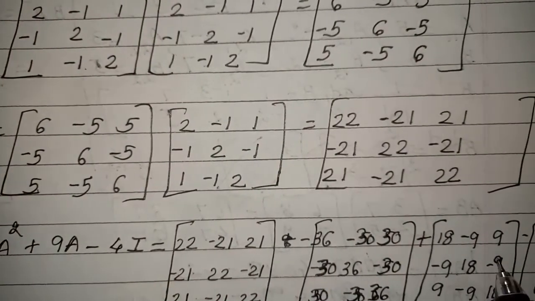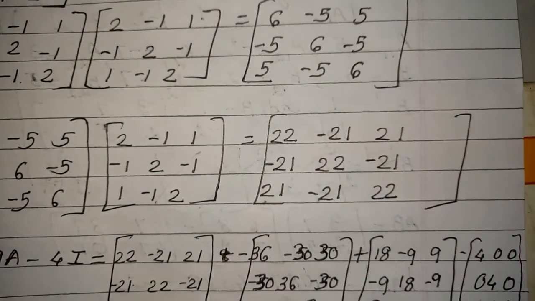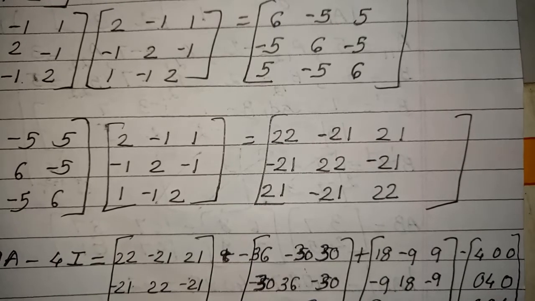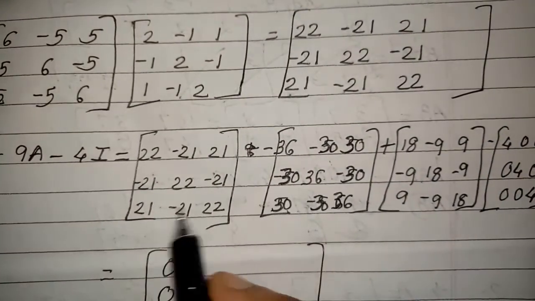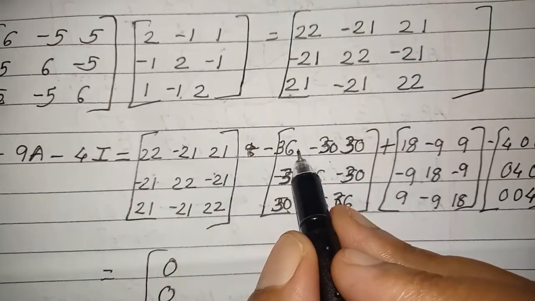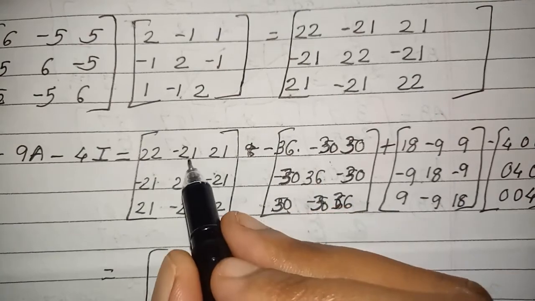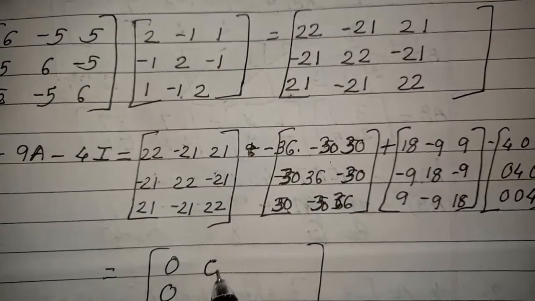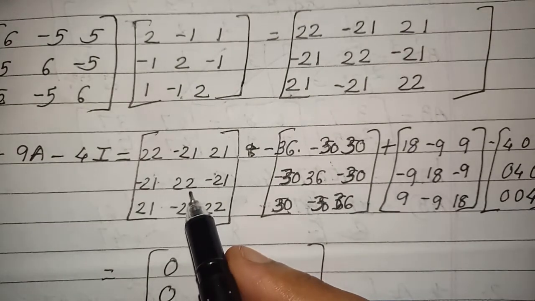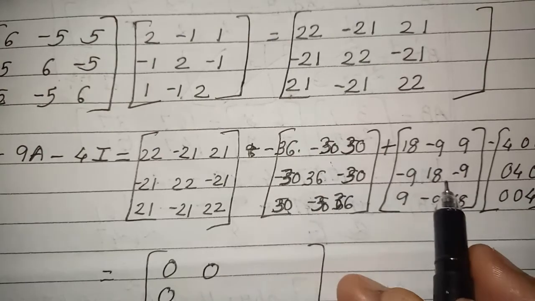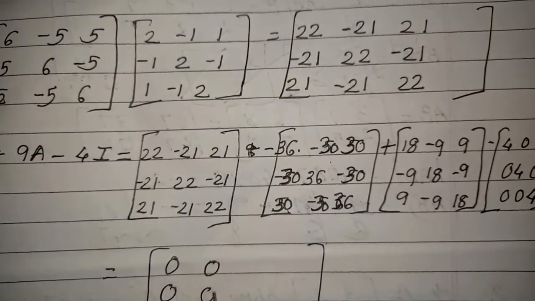It is minus 14 plus 14. This is plus 9 minus 9. Okay. This is minus 9 plus 9. Sorry, this is minus 21 plus 30 is 9, minus 9. 22 minus 36, minus 14. 18 minus 4 is 14. So 0.